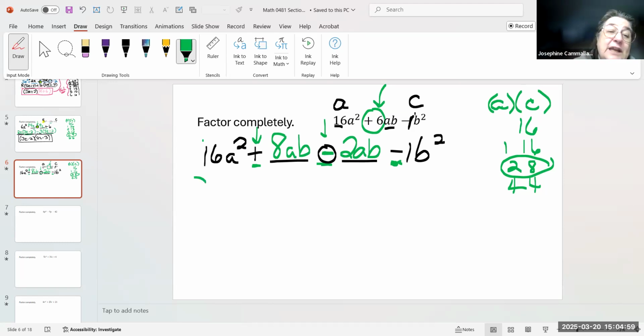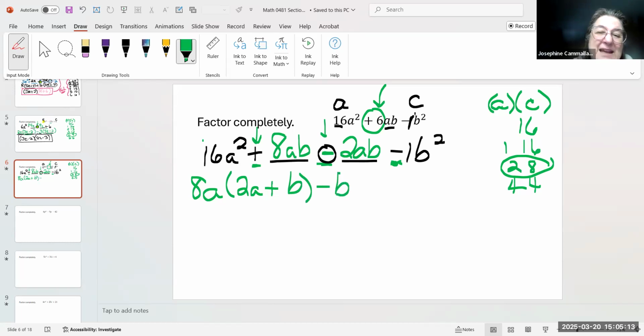Well, this is going to give me 8A. This is 2A plus B minus B. Now remember, this becomes 2A plus B because I'm dividing by a negative 1B.